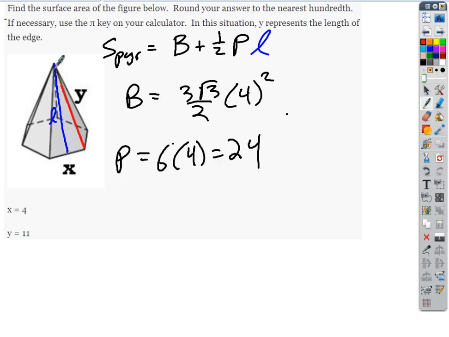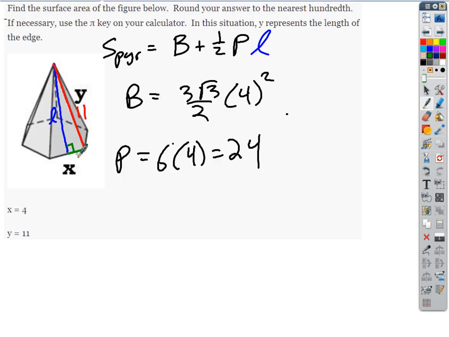So would you agree that if I take one of these faces off, the slant height goes right down the middle of the face, so it must form a right angle with the base edge, right? What's going to be the length then of this little piece down there? Okay, good. It's half of X, isn't it? Because it's cutting that face in half. So if X is 4, that distance is 2.